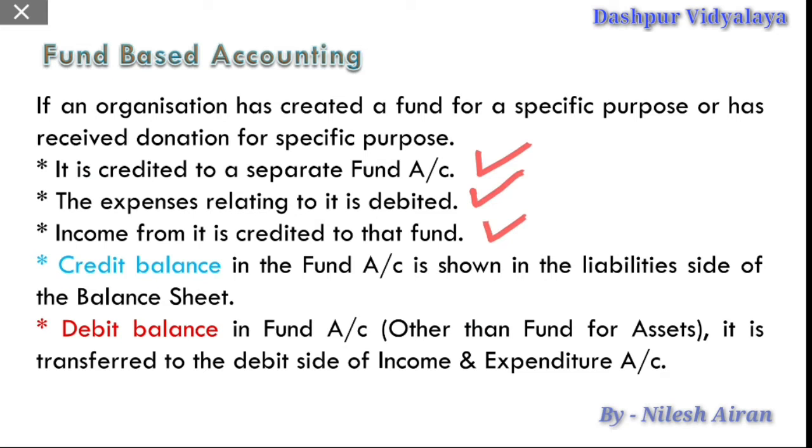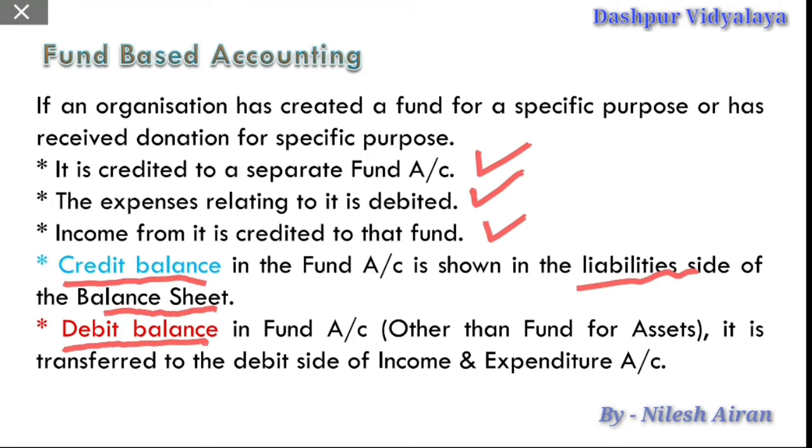After writing all these things, if there is a credit balance, then that will be shown on the liability side of the balance sheet, because a credit balance means the income is more, but that is not an income which can be used for any other purpose. That is why it will be considered a liability and shown on the liability side of the balance sheet. Whereas a debit balance means the expenses are more than the funds.